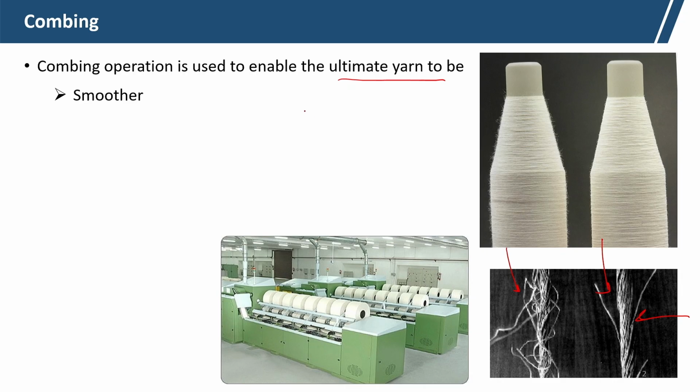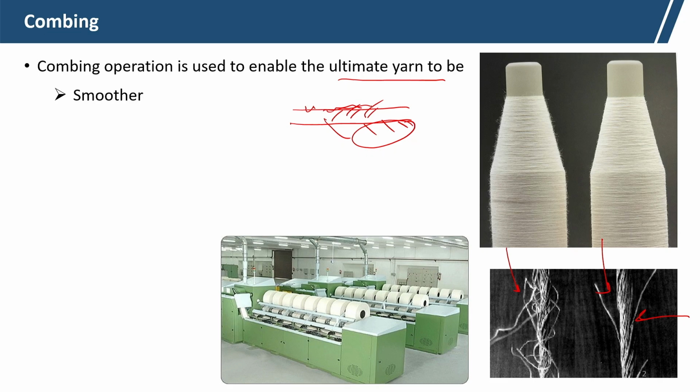Why? Because the short fibers are not held in the yarn structure, they try to come out from the structure and form hairs, and these hairs actually make the yarn rough.